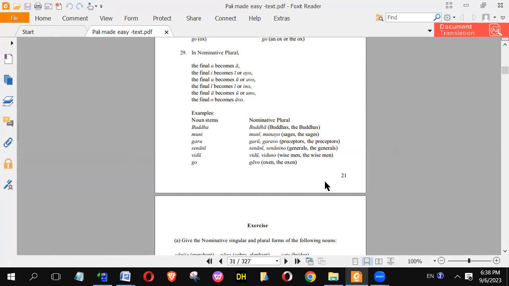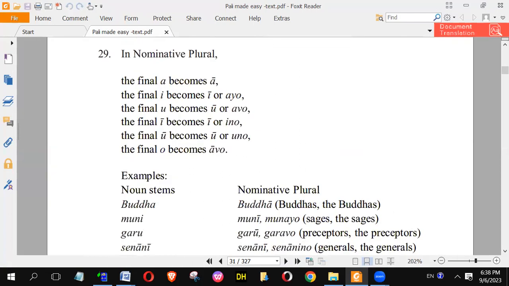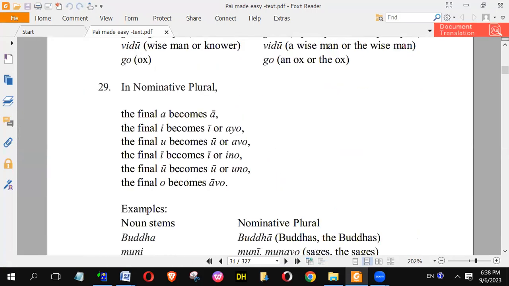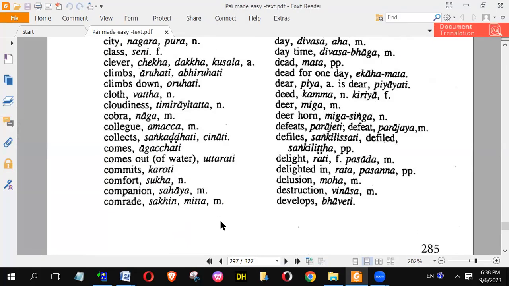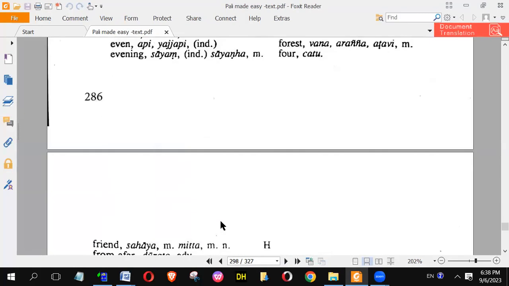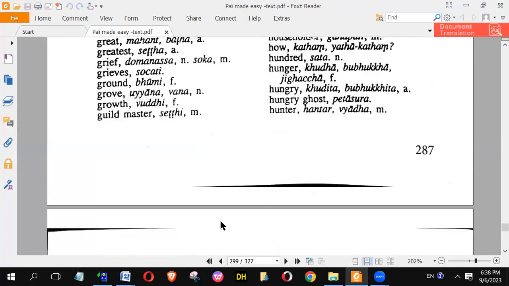Cannot remember, all right? Anyway, we look at the noun stem. 297. Okay, let's go to 297.